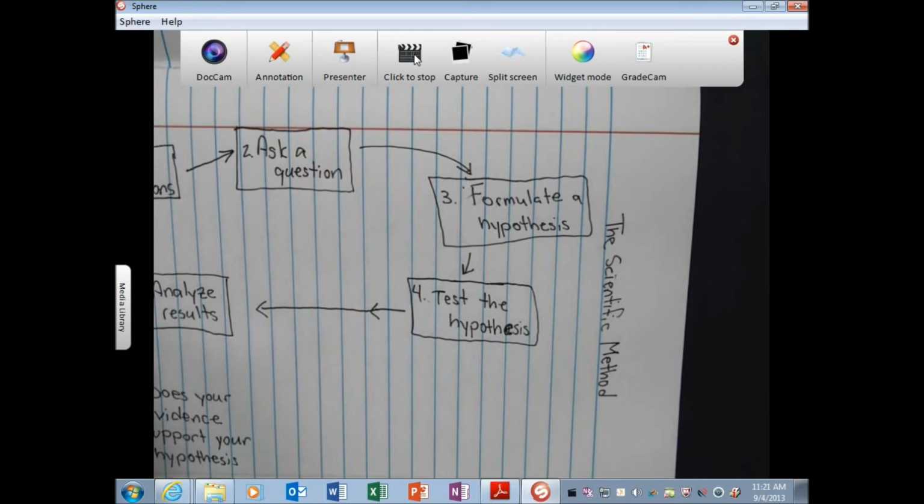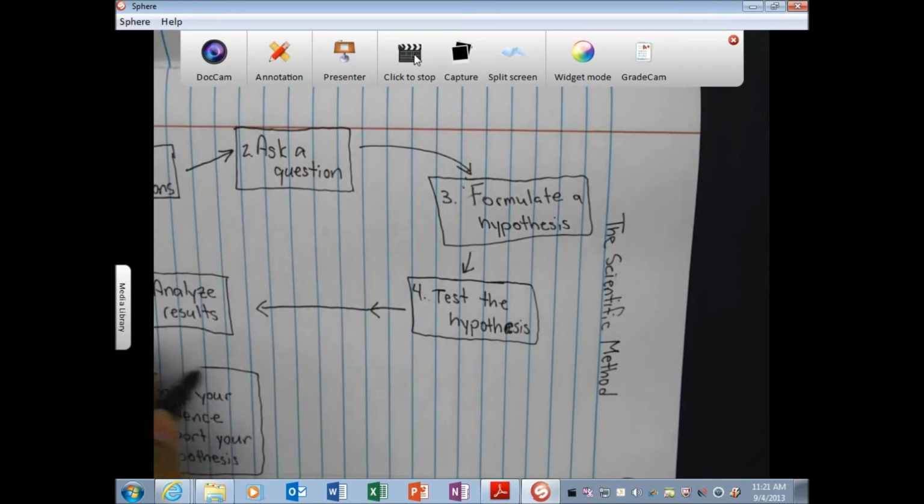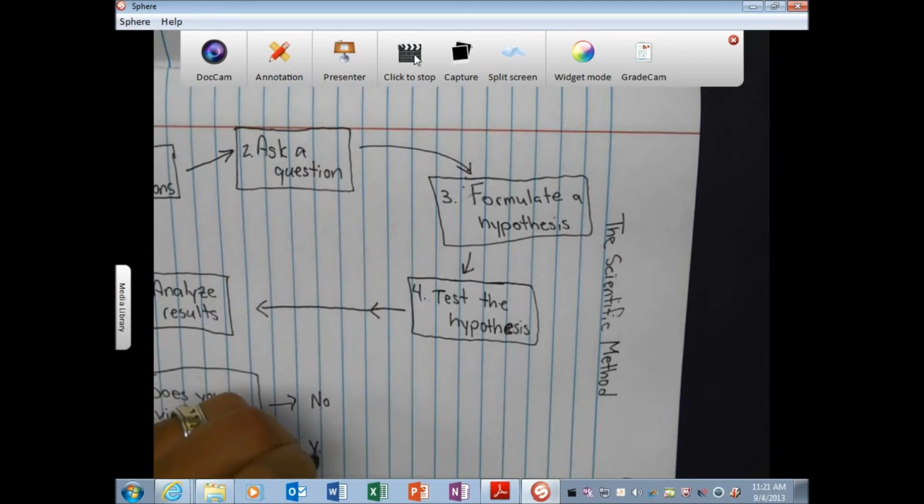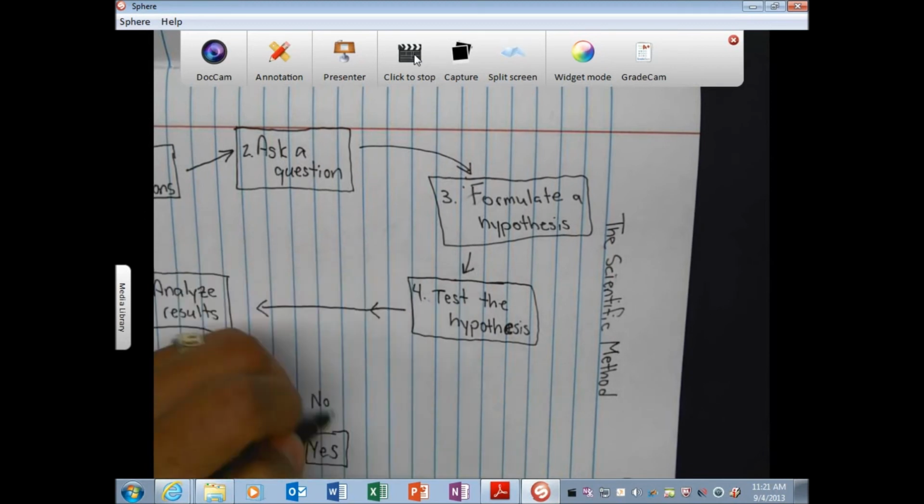And with this, I could probably go either way, but I can't really say for sure that it's a yes. So you have a yes or no response to this question. If it was a yes, then I would have some type of result or response that I would do.